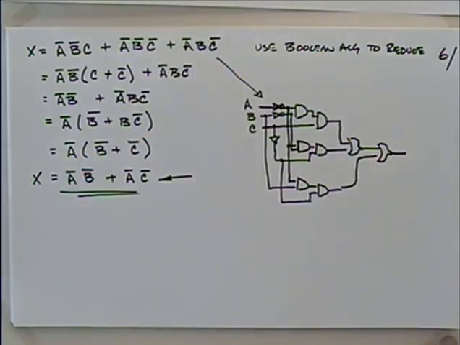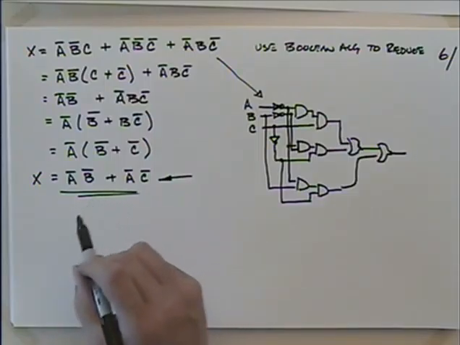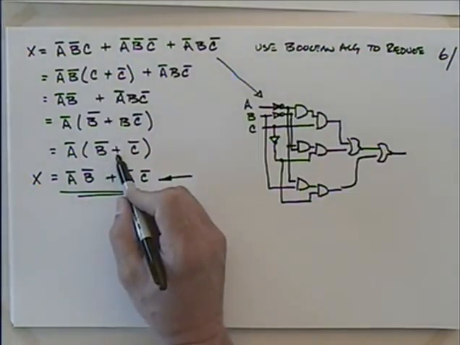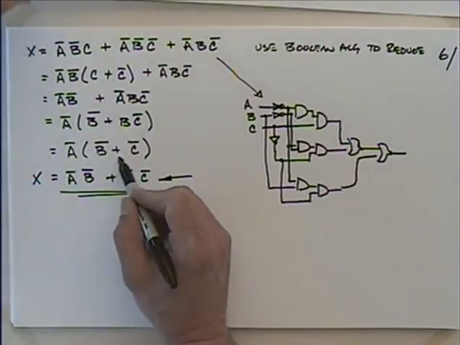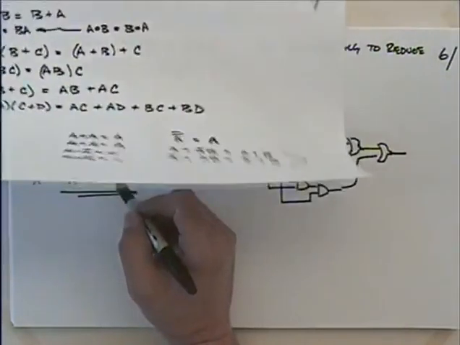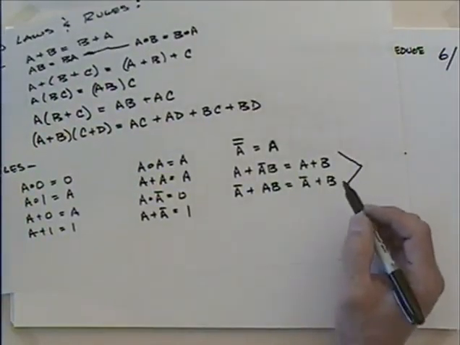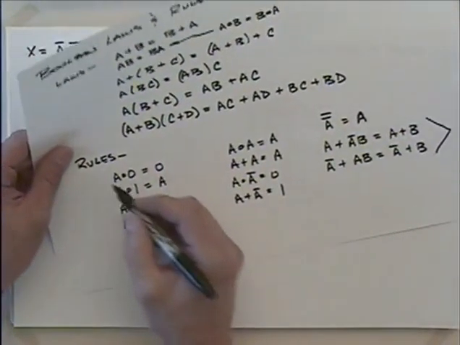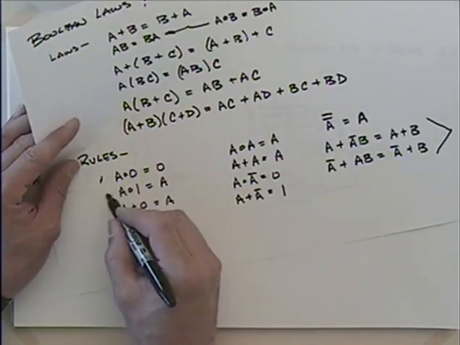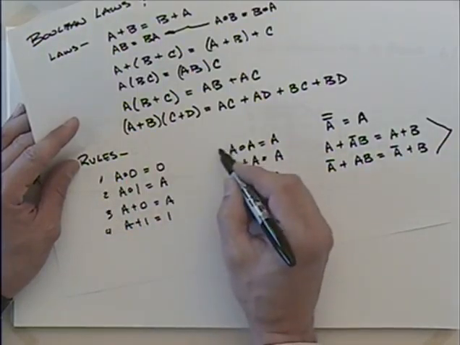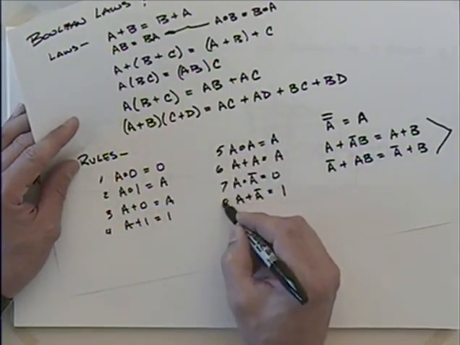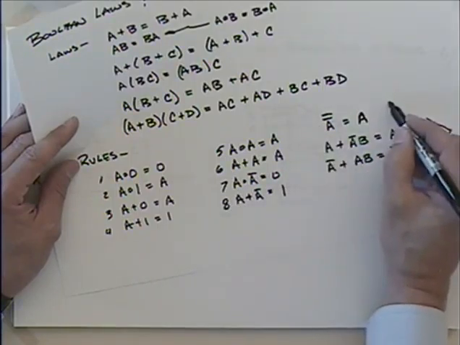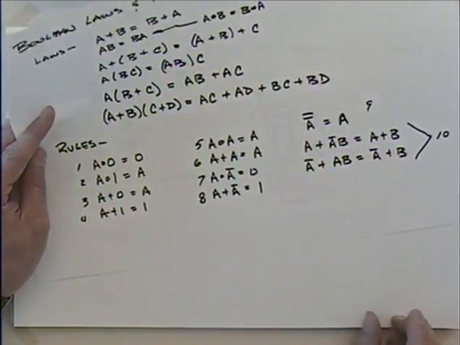How did you get from B and not C to not C? In which step here? Oh, this one? Right there? That was this rule down here, I think. One of these. I think if I numbered these, this would be 1 and 2, 3, 4, 5, 6, 7, 8, 9, and then these are a combination, 10.